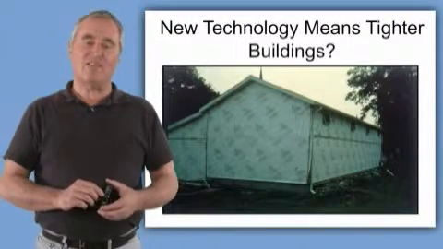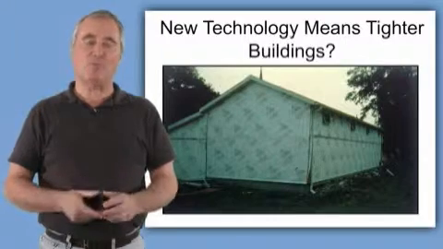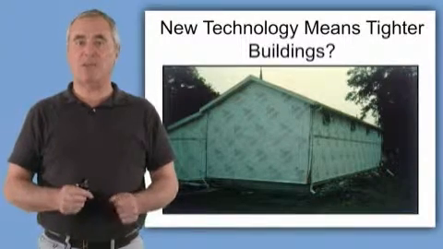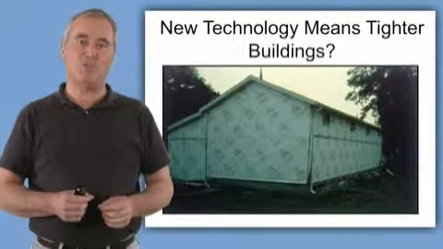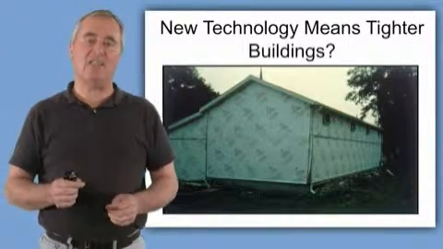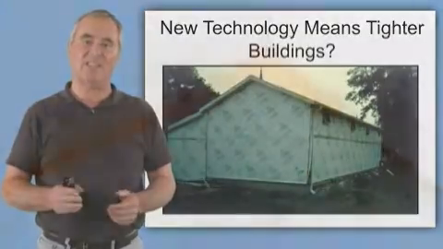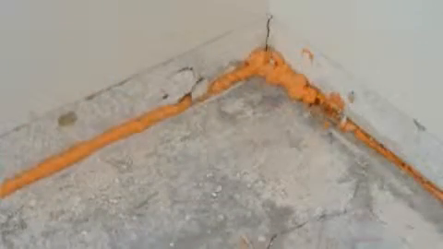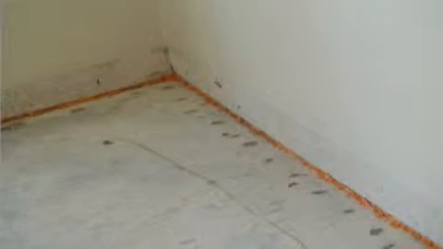So often we think that the new technology, like the new advanced house wraps and weather-resistive barriers, makes it easy to decrease air infiltration. But if we're not taking a systematic approach to air sealing, sealing not only the walls, but the junction between the walls and the floor system or the slab, between the walls and the pressure boundary at the ceiling, we don't end up with a tight building.